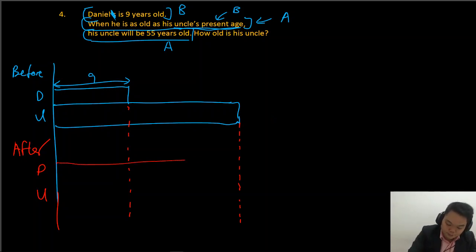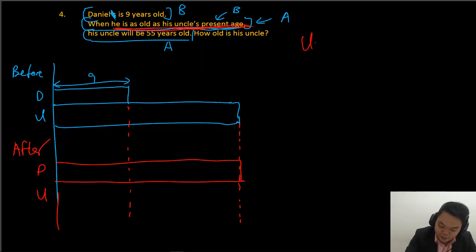So over here, Daniel is going to become as old as his uncle. So he has been uncled. Okay, he becomes an uncle also. Then the uncle is going to grow by the same number of years.